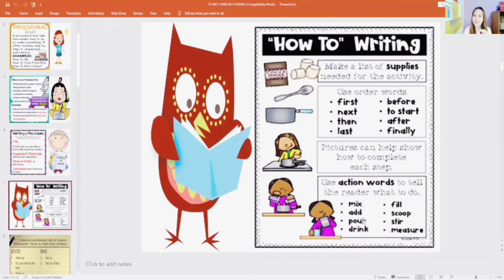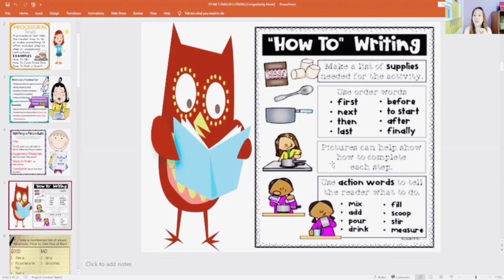And pictures, as he said, can help show how to complete each step. So if you are writing a procedure, you can write down the step, but it will be a lot more helpful if you have a picture to show the action.